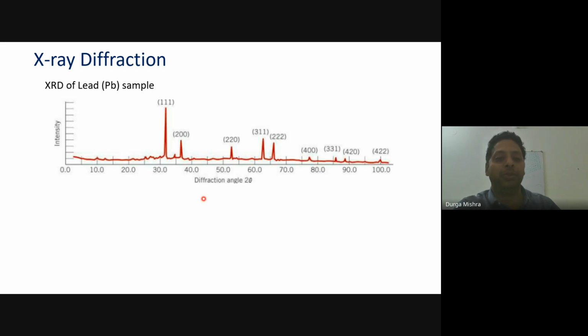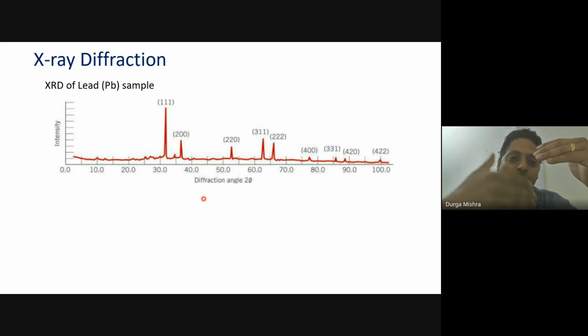Once I do that, the scan will typically be a step scan. You change the angle by 0.5 degree or 1 degree.